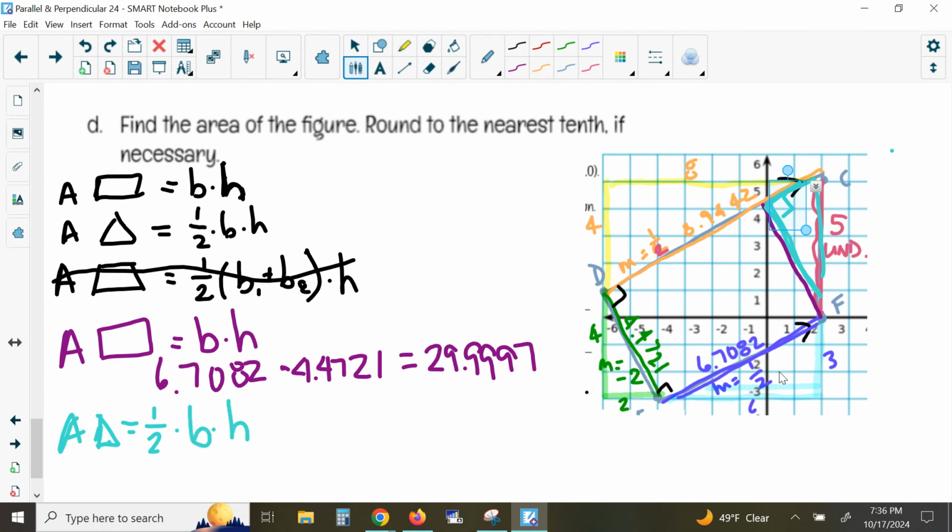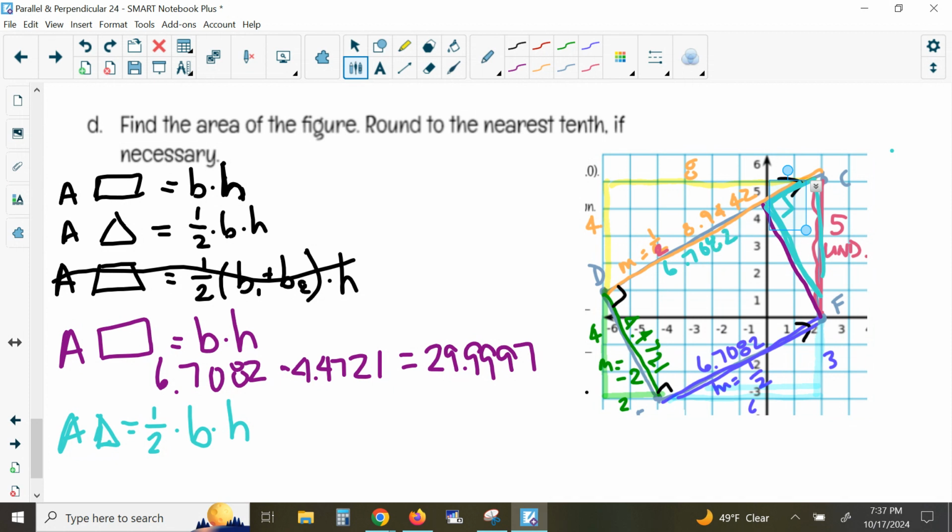Now he's clearly crooked, right? So his base might be this top piece right here. So we need to figure out how long that is. And there's no number from there to there, right? But we do have that this is 6.7082, and this whole thing is 8.9 something, right? So we can just subtract these two numbers to get this little piece right here. Because we know, once again, this part is 6.7082.